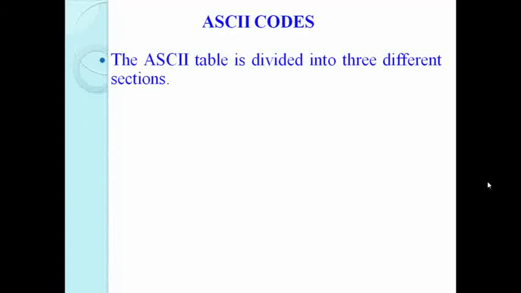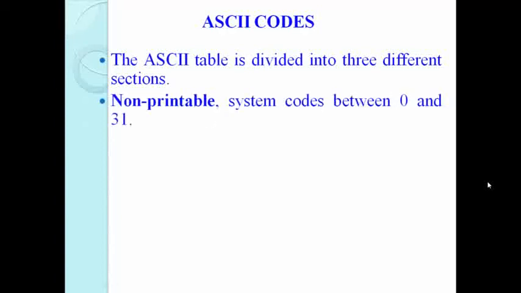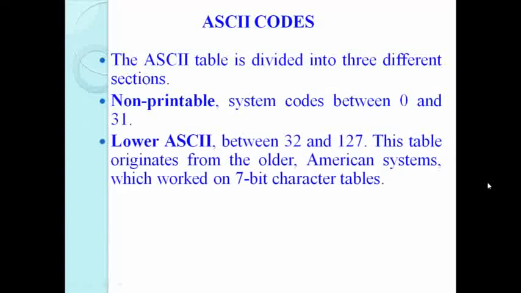The ASCII table is divided into 3 different sections. Non-printable system codes between 0 and 31. Lower ASCII codes between 32 and 127. This table originated from the older American system which worked on a 7-bit table.